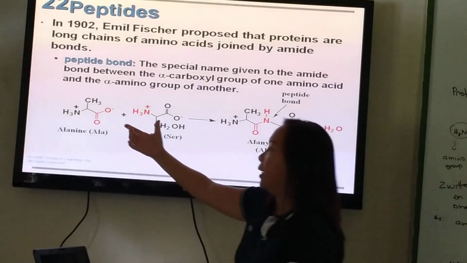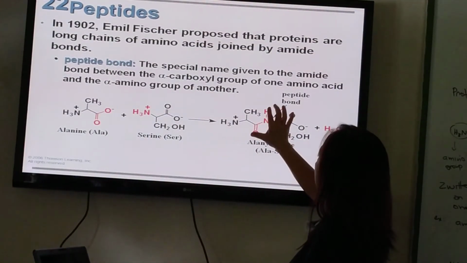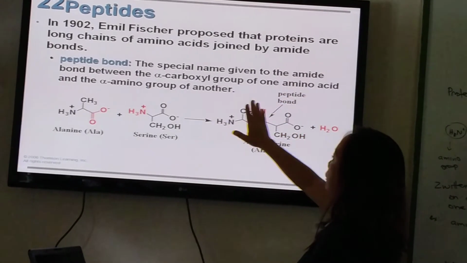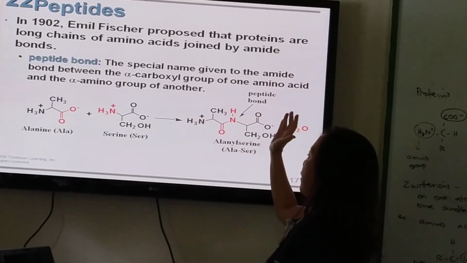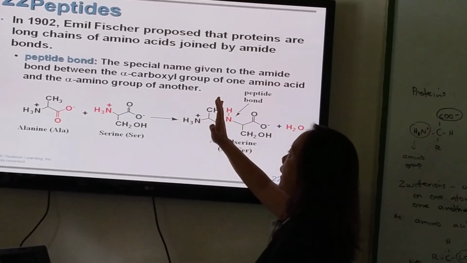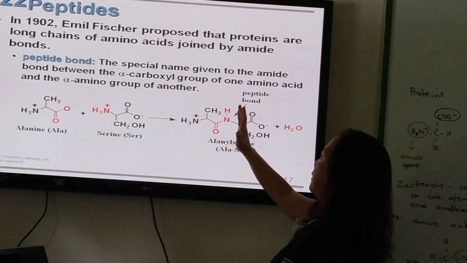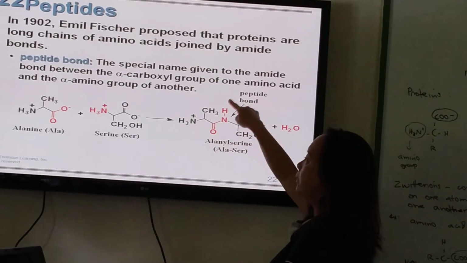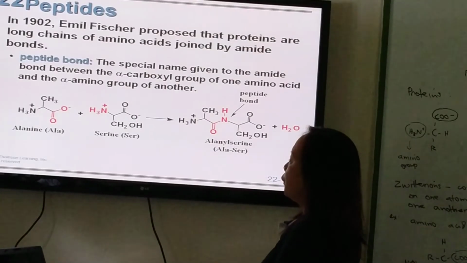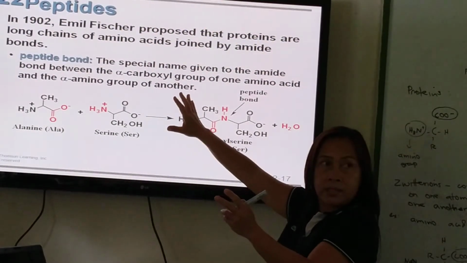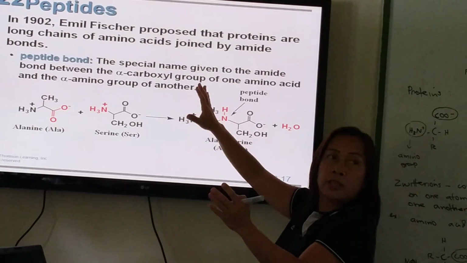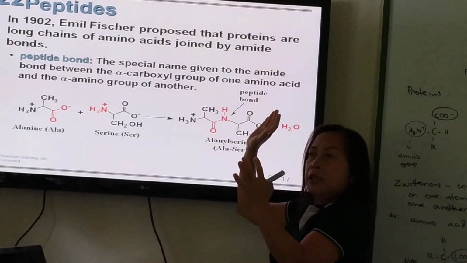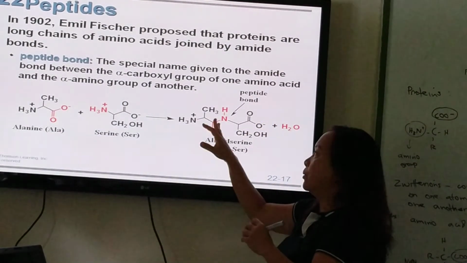That's where the peptide bond exists. So this is now the peptide bond. This is one amino acid, this is another amino acid. This is alanine, and this is serine. And this is how the peptide bond exists, between the carboxyl group of the first amino acid and the amino group of the second amino acid.